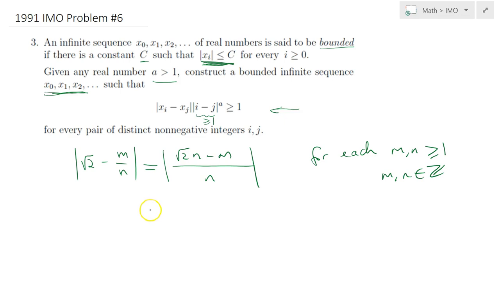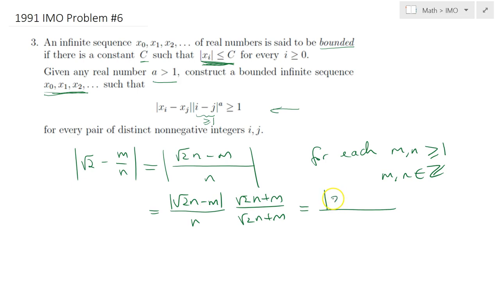Further, I can write this as, well, we can take out the n because it's positive. So we have this thing here. Finally, I can multiply both the numerator and the denominator by this positive number, root 2 n plus m, and as a result we get that this is equal to, adding an absolute value for the numerator, the absolute value of 2n squared minus m squared over n times root 2 n plus m.